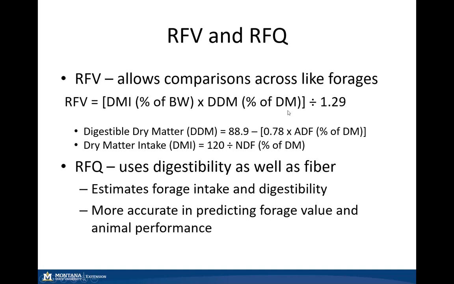And we can calculate RFV ourselves even if we are not provided that number in our analysis. Similar with dry matter intake, we have this set equation for dry matter intake relative to NDF.